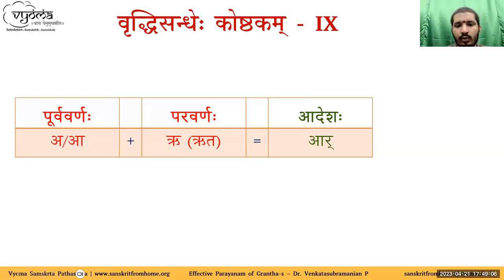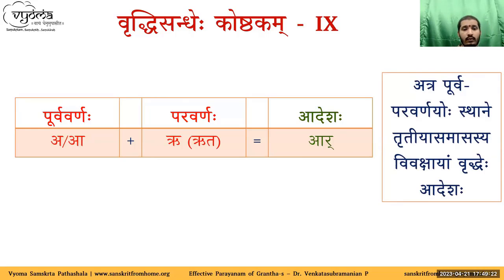The last rule in Vriddhisandhi: if the purvarna is a or akara, and the paravarna is rikara, the starting letter of the shabda rita, then we get the adesha r in the place of purvarna and paravarna.